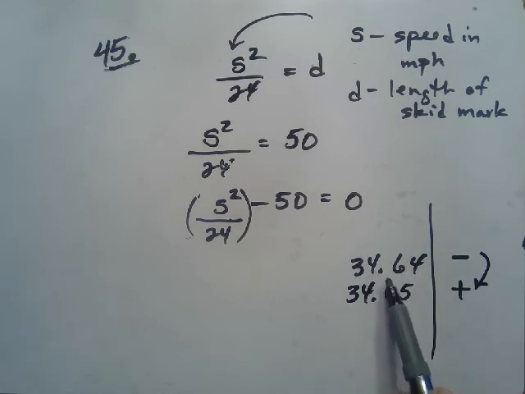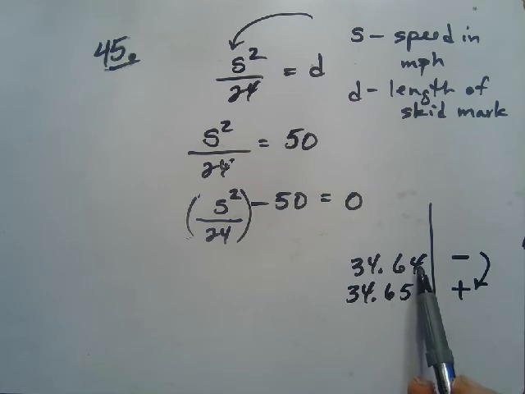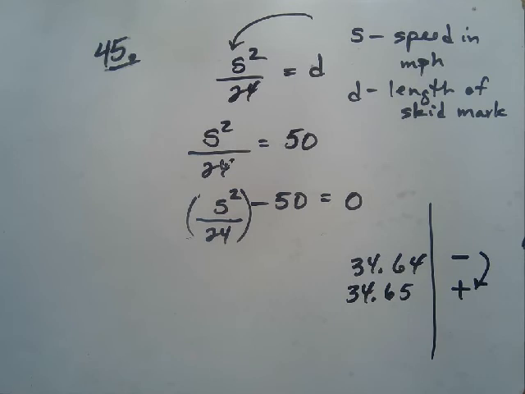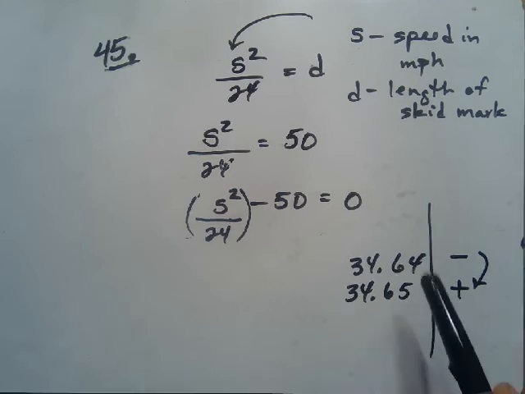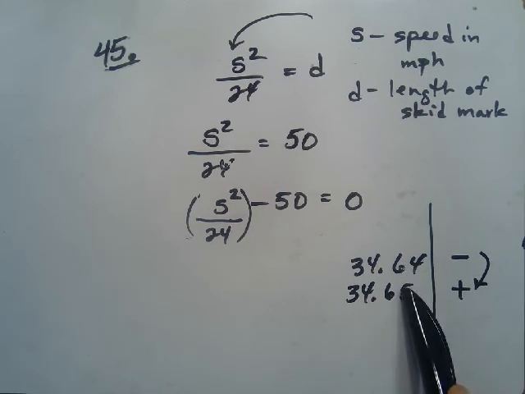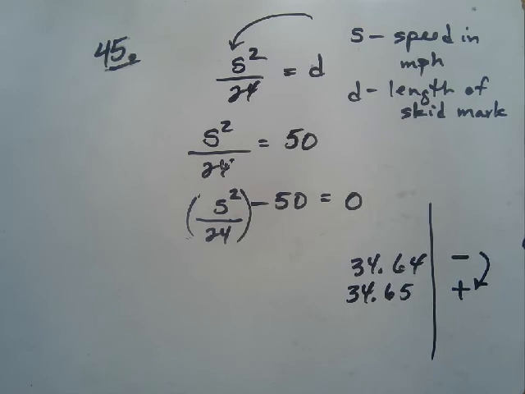So it's about 34.64 plus a little bit. And if I wanted it more accurate, I would just adjust the table again to start at this number and go by maybe thousandths instead. Now, that skill is an important skill to learn, to be able to get your answer a little bit more detailed. So go back and practice that. Look at it again and practice that a few times.